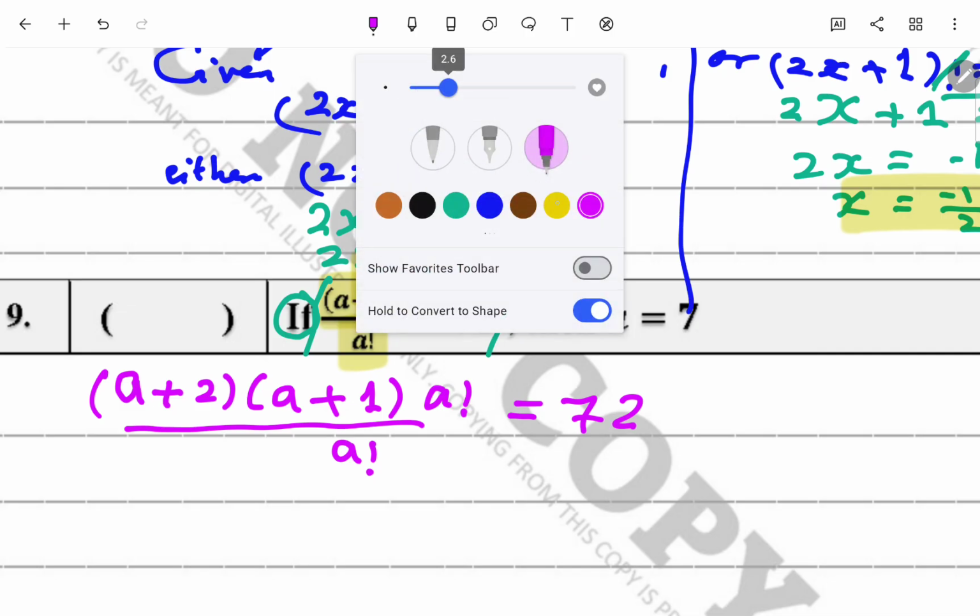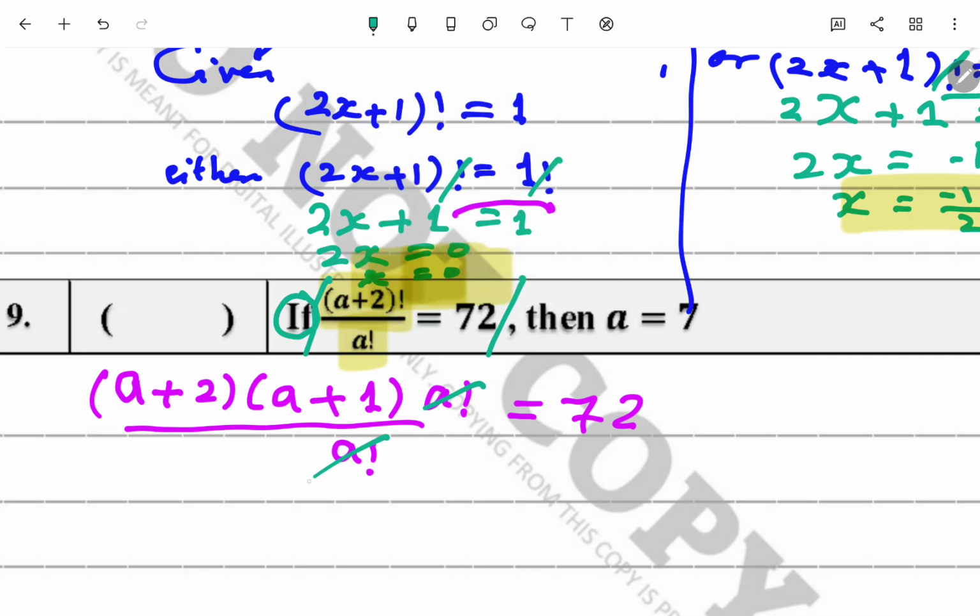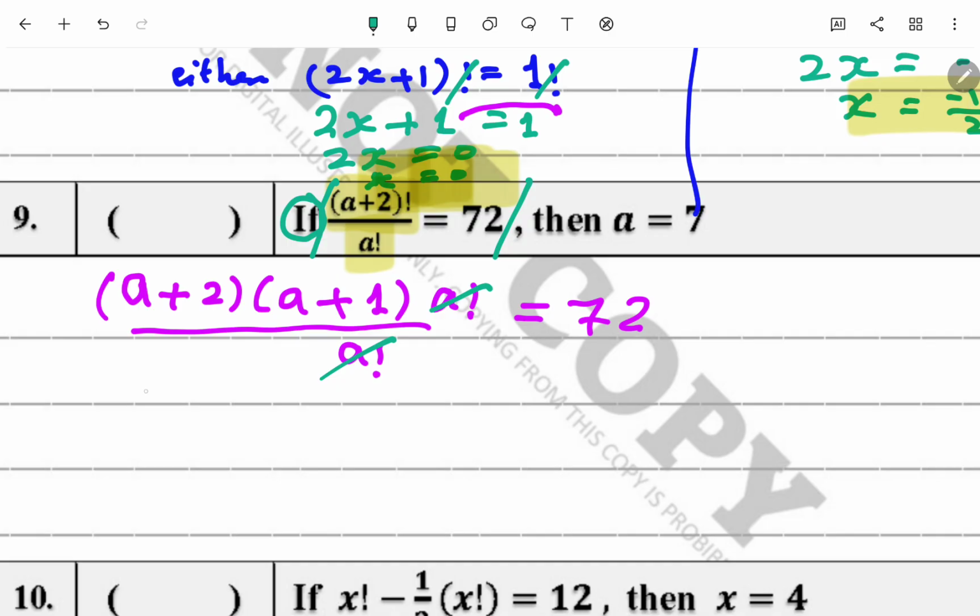You can now think about cancelling a factorial with a factorial to get exactly a plus 2 times a plus 1. And according to what you have, you can see that you have 2 consecutive factors. The biggest is a plus 2 and the smallest, which is before, a plus 1.